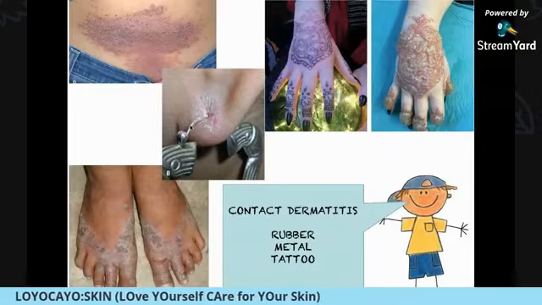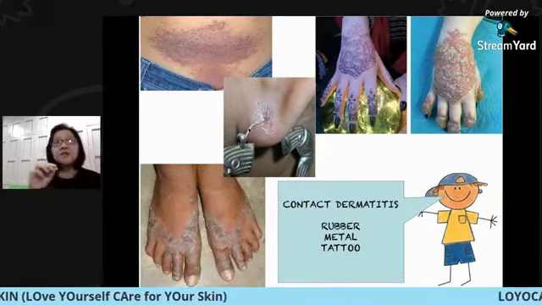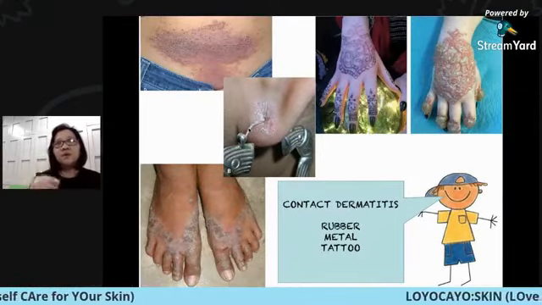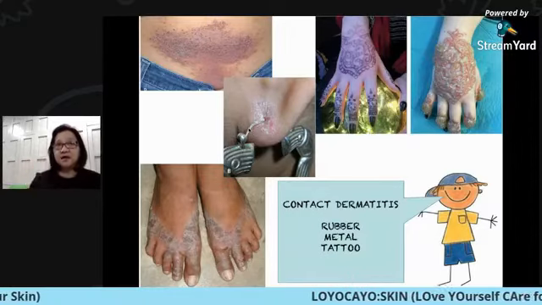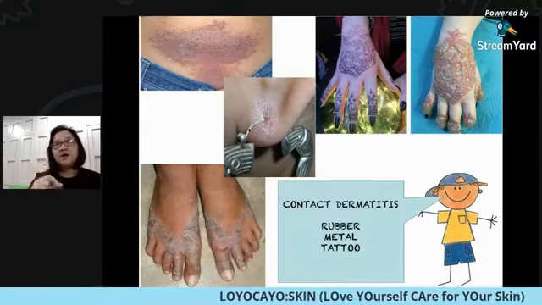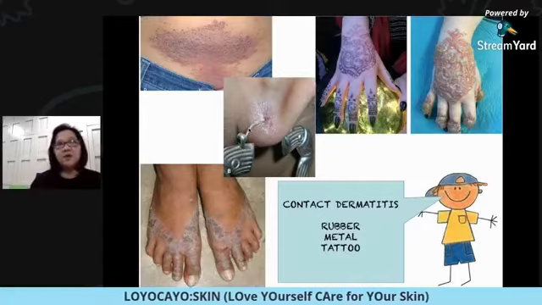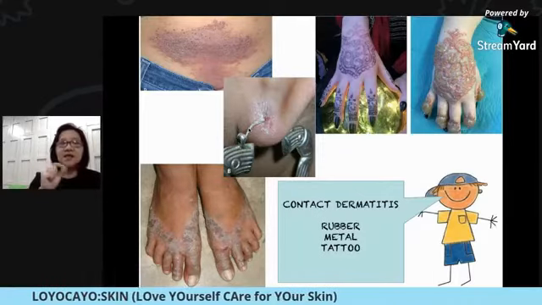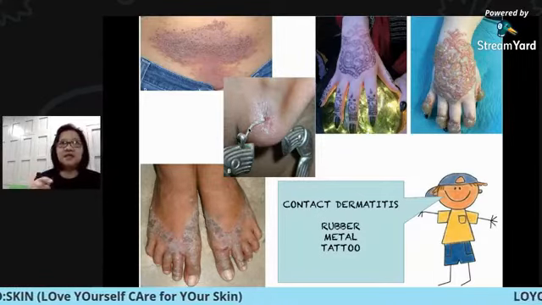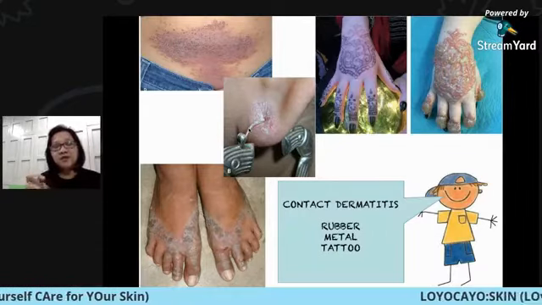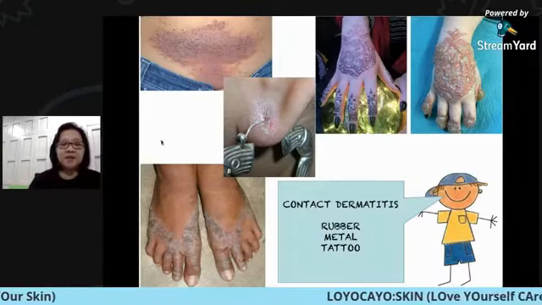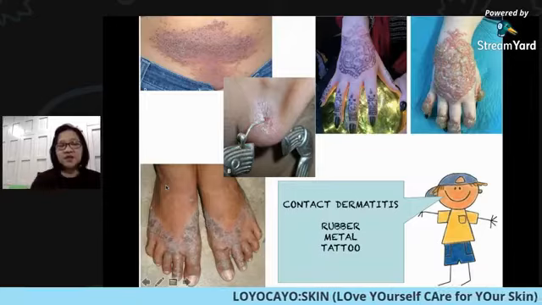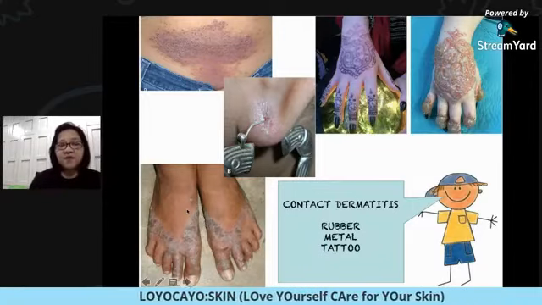Remember that even if you say that you're wearing earrings that are gold, sometimes the gold is mixed with nickel to make it harder. So there are some patients who claim that they only wear gold but still have this. And the reason behind that is the nickel that may be combined with the gold to make the gold firmer. And then you can have also your contact allergy from rubber.